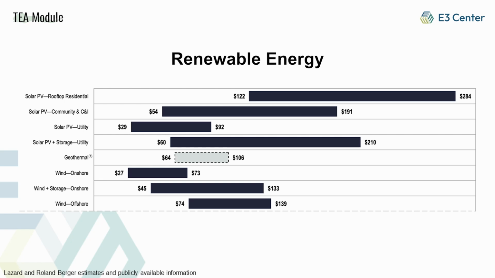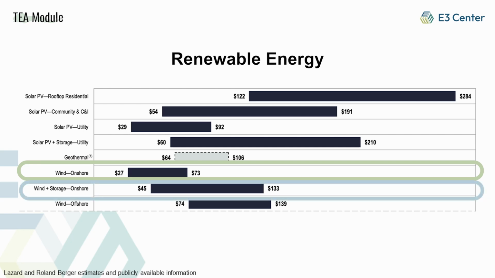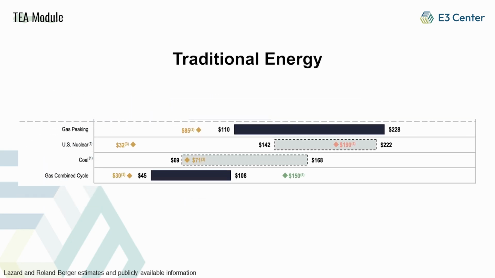Similarly, wind energy, particularly onshore wind, remains highly competitive with an LCOE of $27 per megawatt-hour, which is among the lowest for renewable technologies. Even when combined with the storage solution, onshore wind maintains a competitive edge at $45 per megawatt-hour. On the other hand, traditional energy sources like coal and gas have their costs too.